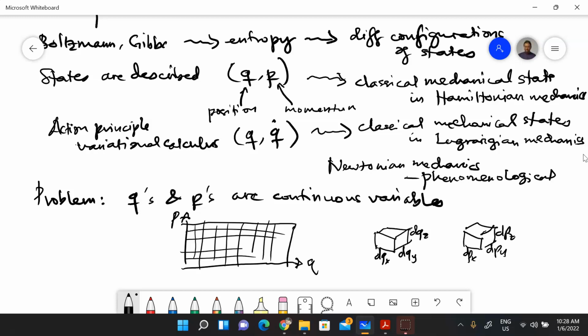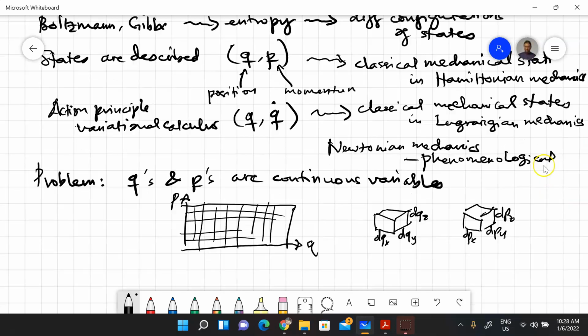And one could make this discretization as small as possible.